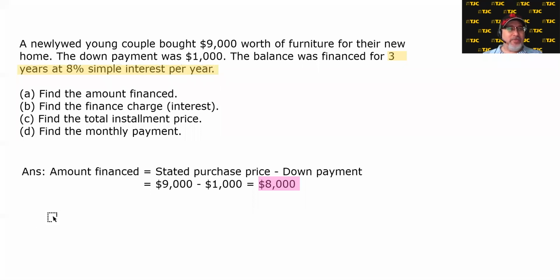So it would look a little something like this. Our finance charge, in this case, is not total installment price minus stated purchase price, because we don't know the total installment price yet. The finance charge is the interest on the amount that we're borrowing.